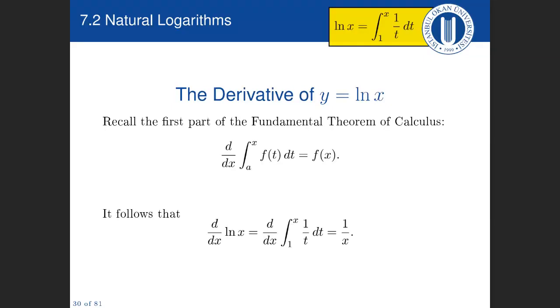Well, using that idea, the derivative of ln of x, that's the derivative of the integral from 1 to x of 1 over t dt, all we need to do is take the integrand 1 over t and replace the t by an x. The derivative of ln x must be 1 divided by x.